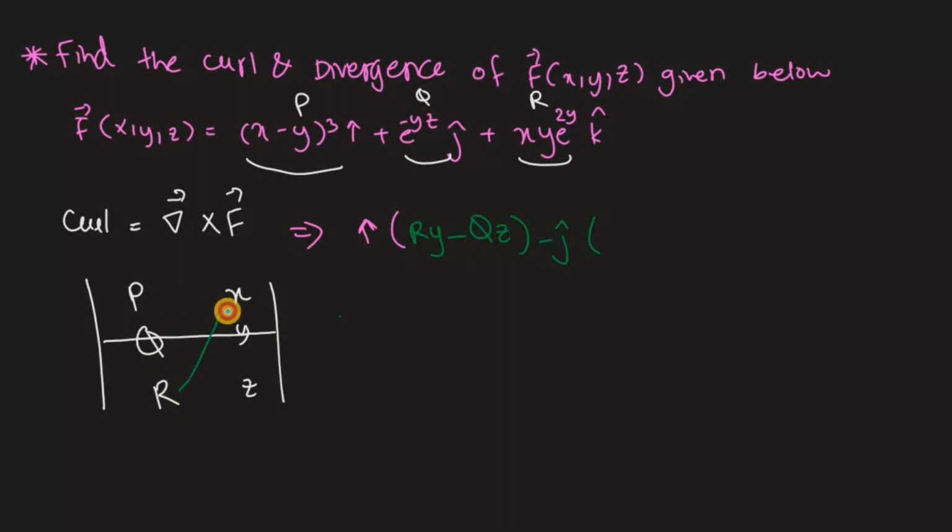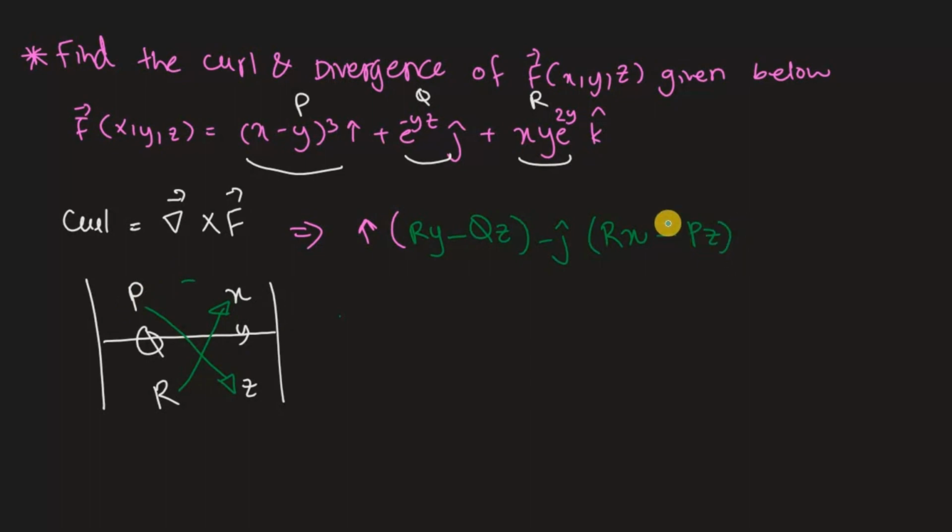So R times X, and then of course a negative before going in the other direction of the arrow, and then P times Z. First you do down to top and then negative top to down, P Z.